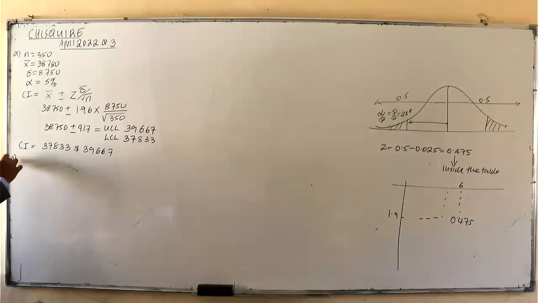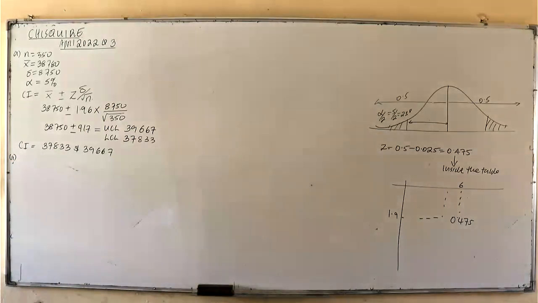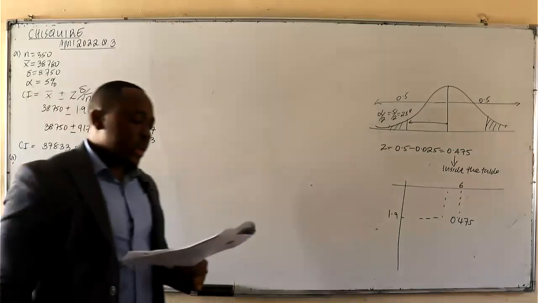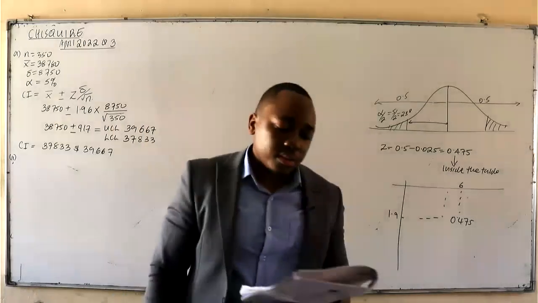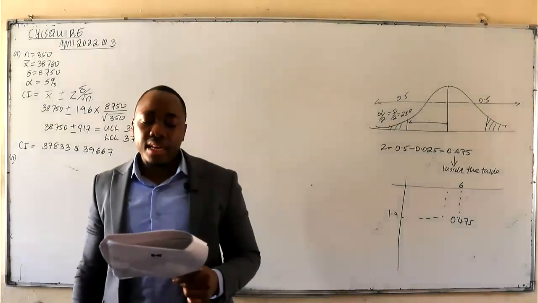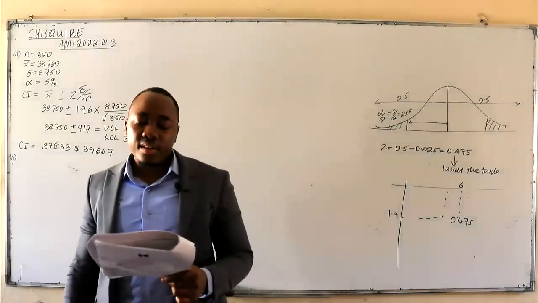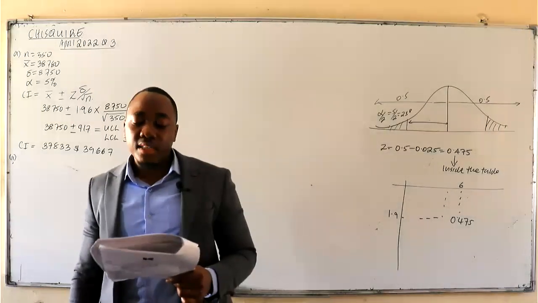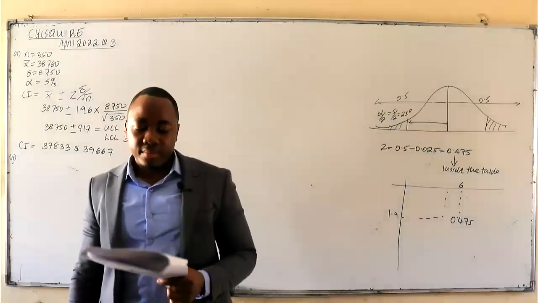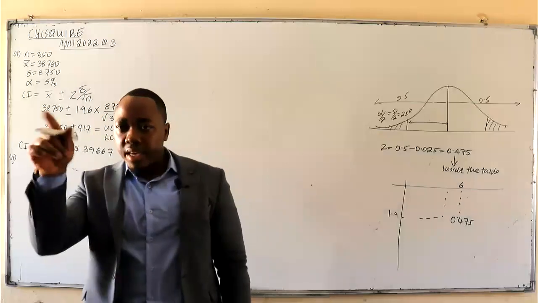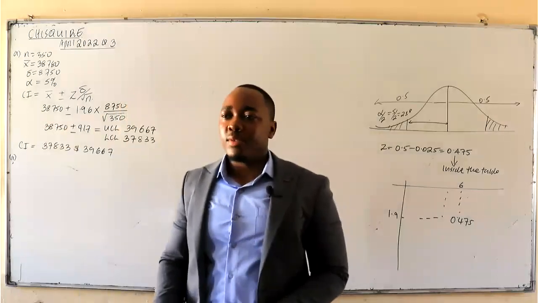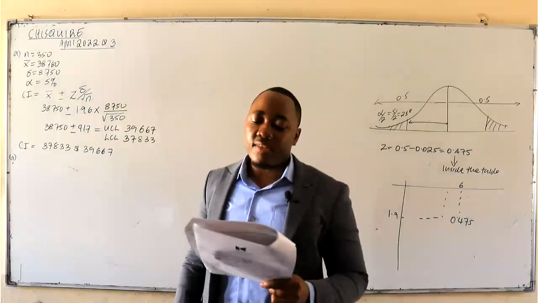Now part 2 of the question. The sample size of invoices that would result in a 99% confidence of the interval obtained in A1 above. So we want N so that we can be 99% confident.